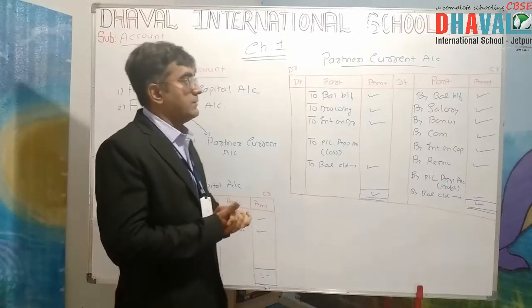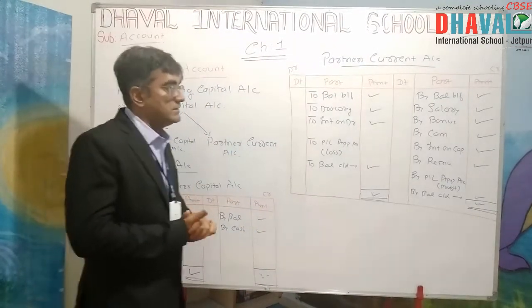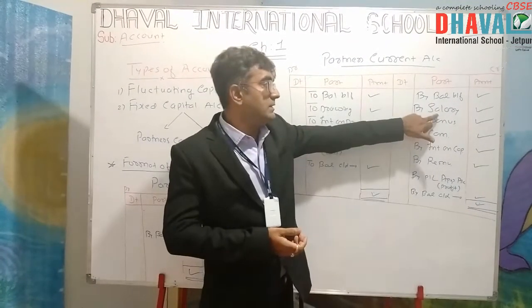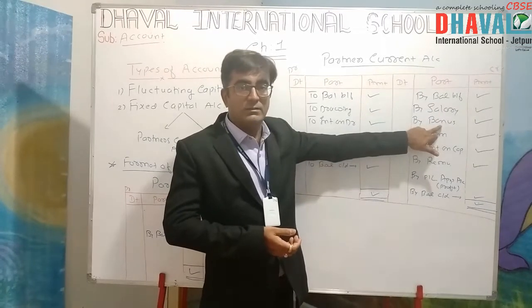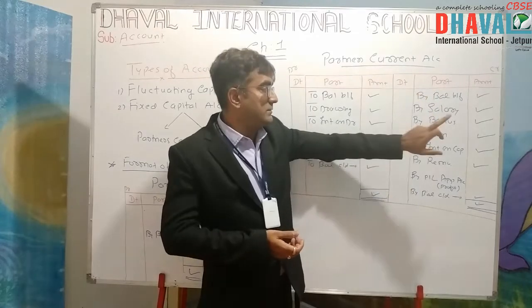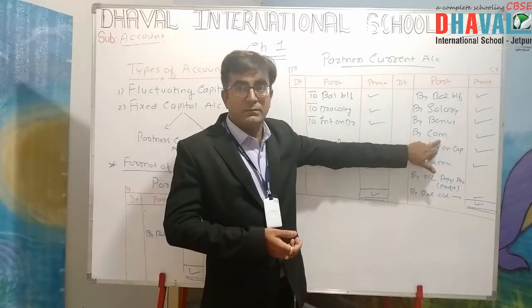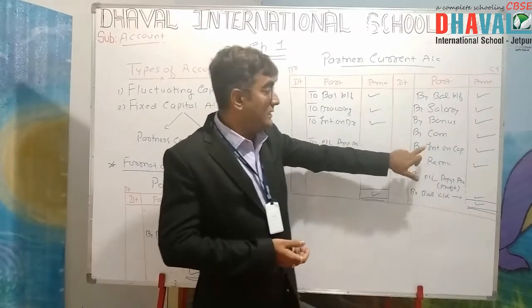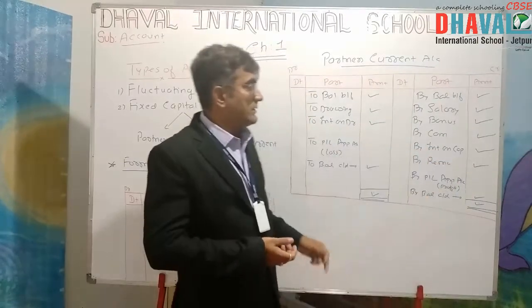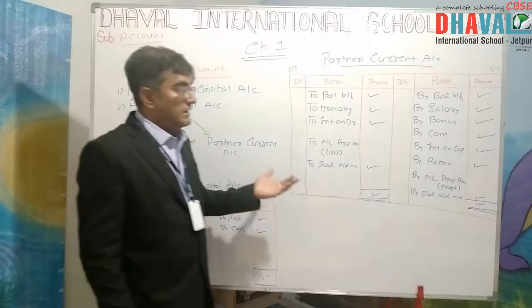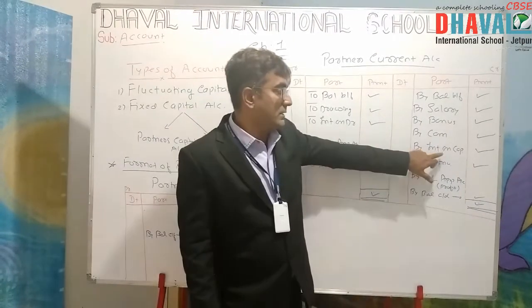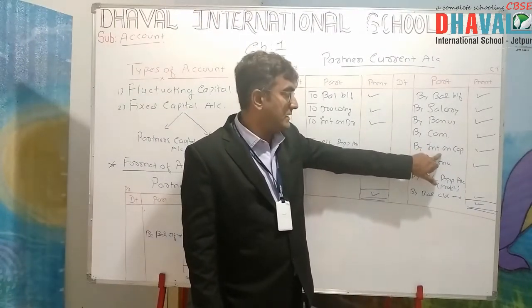Now you see which types of income the partner gets from the business. First, he gets salary, that is called income. Second, he gets bonus, which is also income for the partner. Next, commission is income for the partner. Next, interest on capital. Whatever capital is brought by the partner, either fixed or current, if he gets interest, it is income for him, so we put it on the credit side.